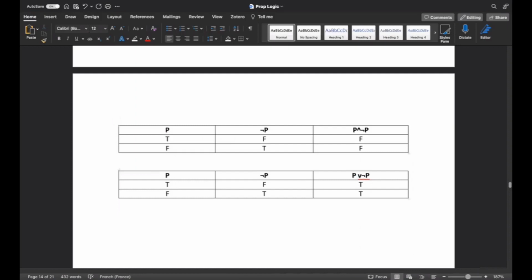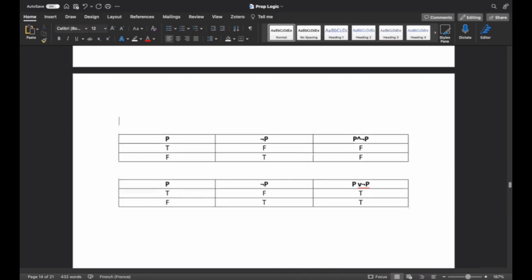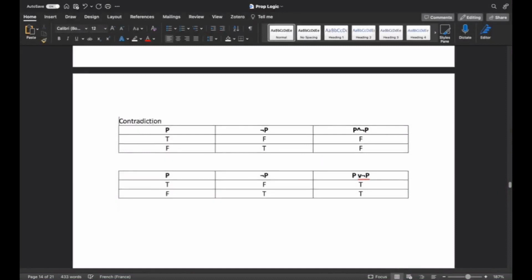Yeah, just because you said a lot there, let me make some notes in the document. I'll say the first one was a contradiction, and then the second was a tautology. Is that how you spell it? Yeah, that's right. And what does a tautology mean exactly?